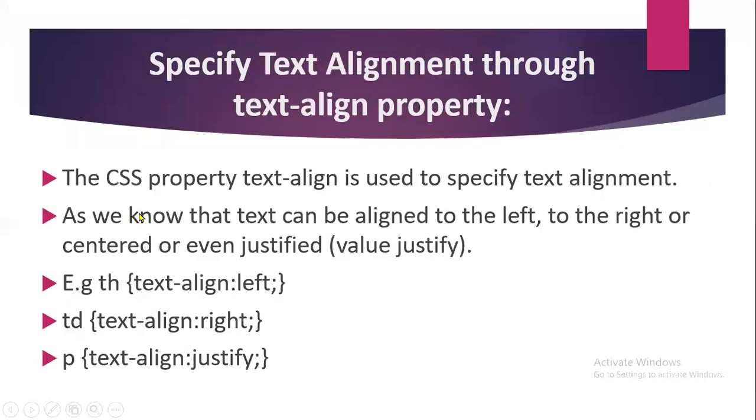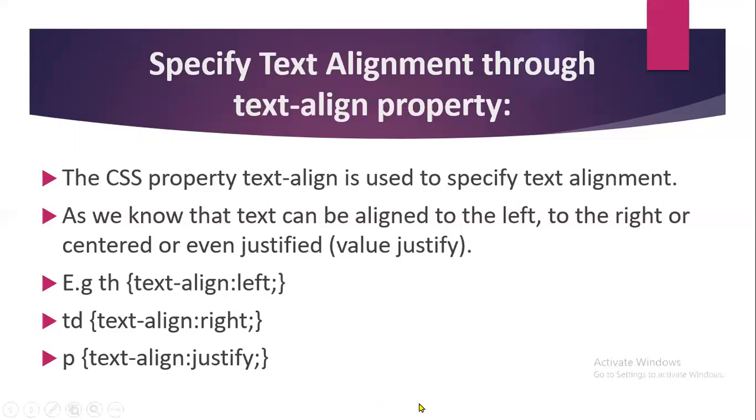The next property is the text align property. The CSS property text align is used to specify text alignment, like whether you want to align the text to the left side, to the center, to the right side, or even want justified text. As per your requirement you can choose the property value.